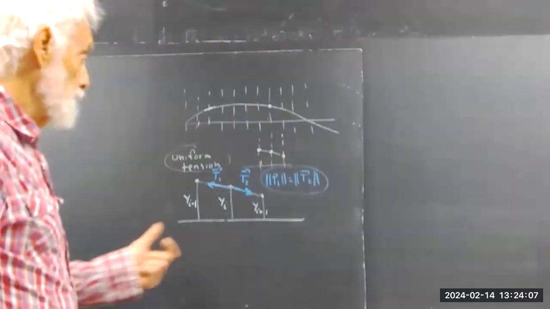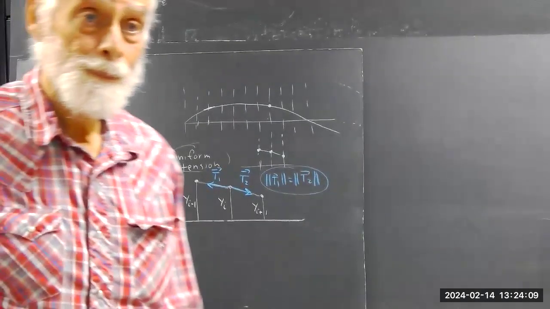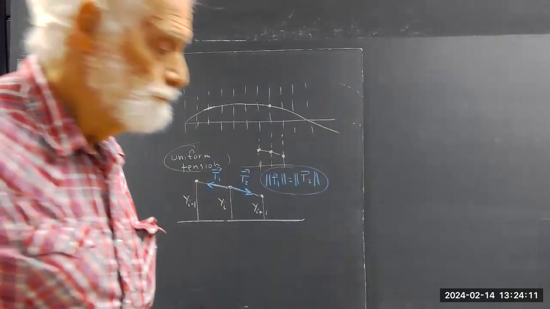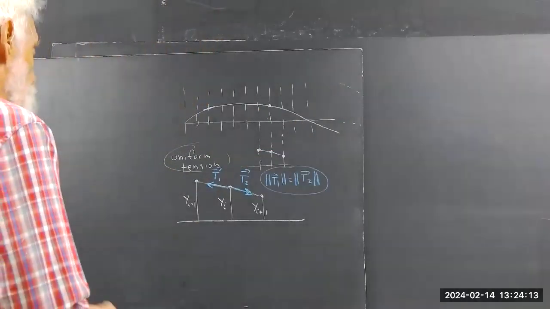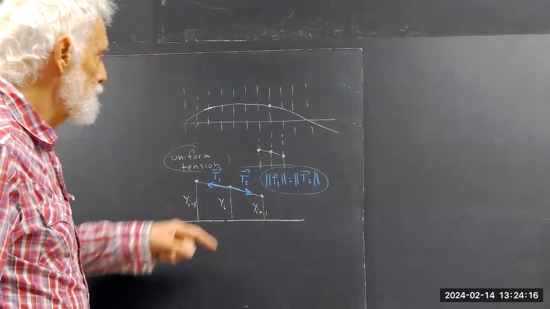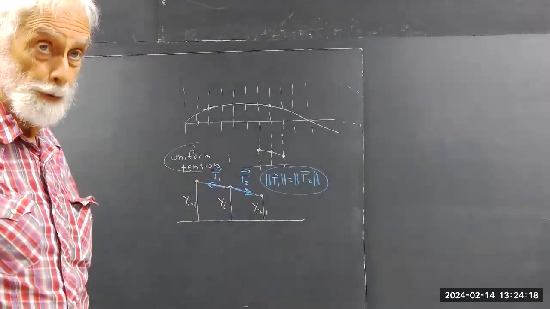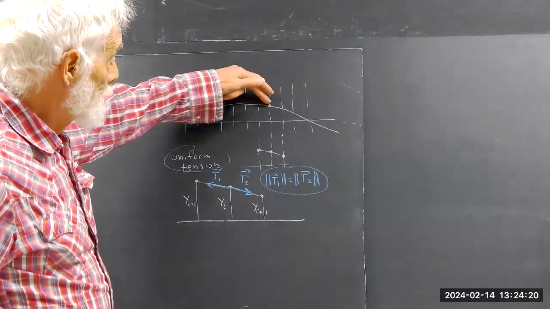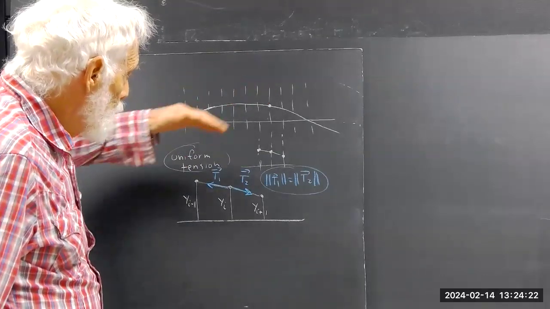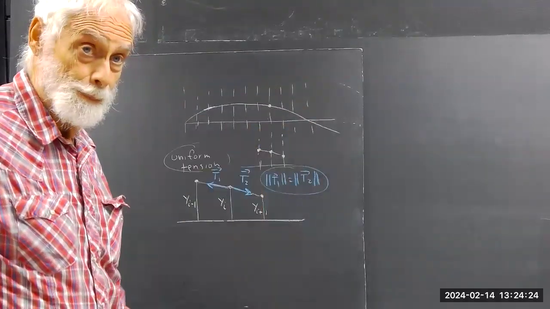So now are these tensions equal and opposite? Yes or no? No. Got a quick head shake. Why are they not equal and opposite? Well, because the slope over here is different than the slope here. We're at this portion of the wave, so the slope is changing.